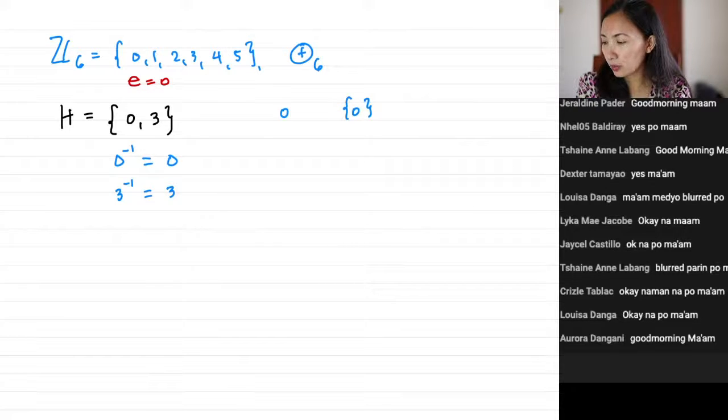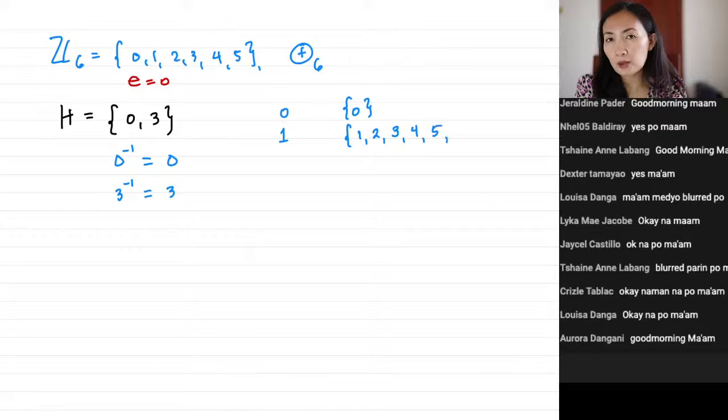Next, how about 1? Okay, 1, and then 1 plus 1, 2. 1 plus 1 plus 1, that's 3. Next, 1 plus 1 plus 1 plus 1 4 times, that's 4. Then, 1 added 5 times, 5. And 1 added 6 times.